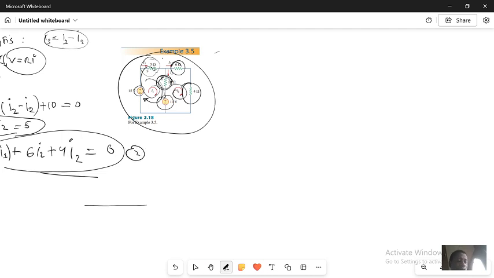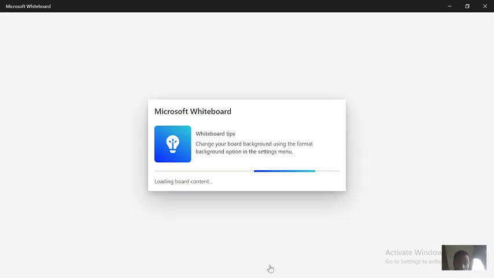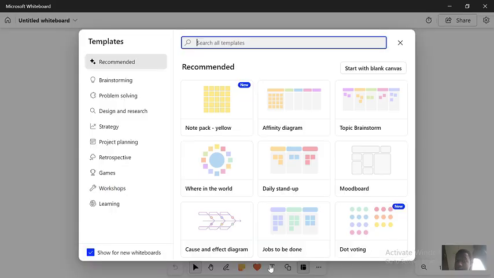So I will have two equations. I will solve to find I1 and I2, because in this mesh analysis we are used to determine the currents flowing in the elements. We'll see some examples here.